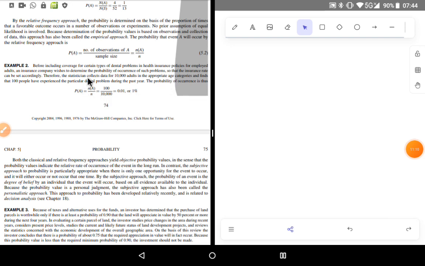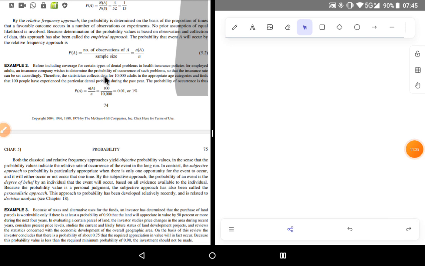So the number of data that they try to collect is 10,000, and realistically the population is greater than 10,000, right? So now we are told that only 10,000 data was collected.